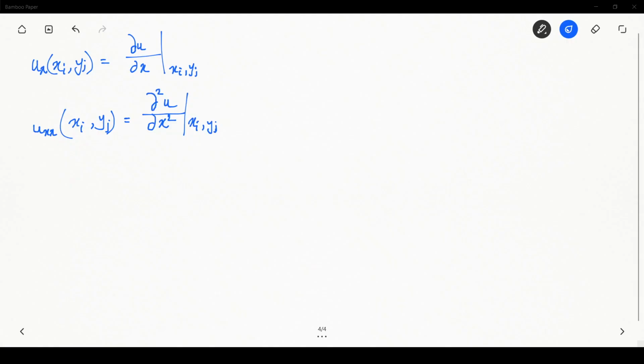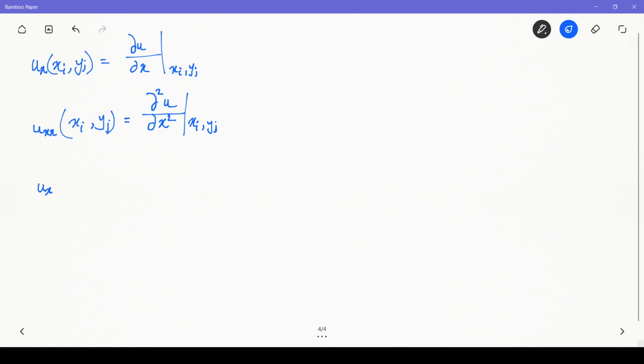We say that u sub xy at the point x sub i comma y sub j is the same as the partial derivative with respect to x of something, and this something is the partial derivative of the bivariate function u with respect to y.